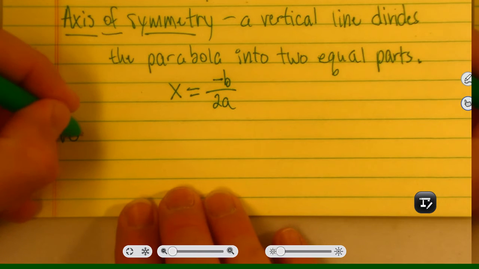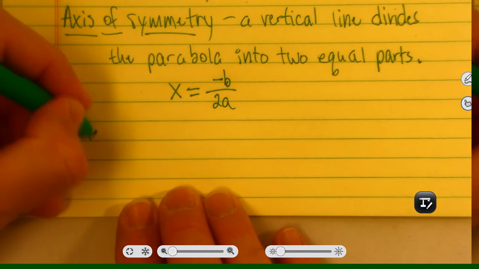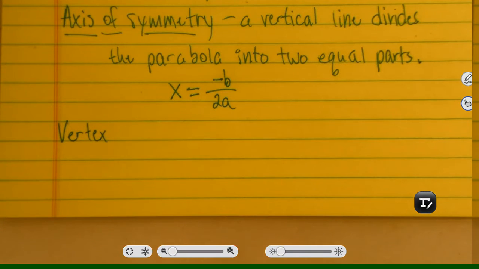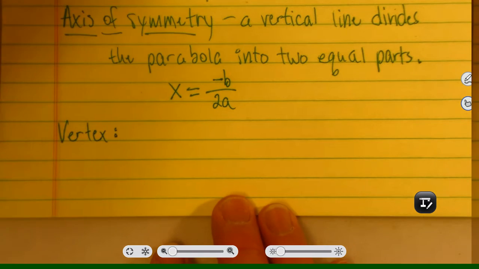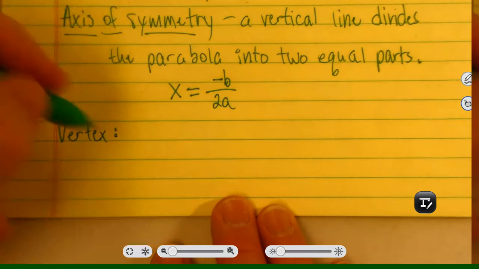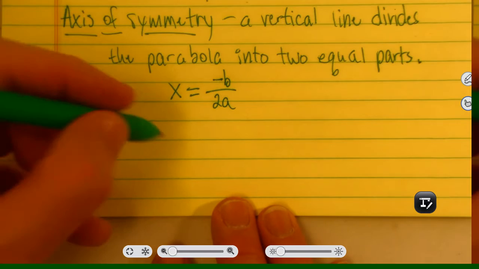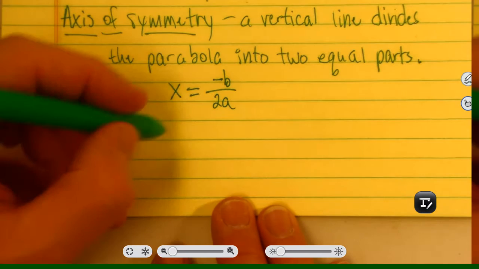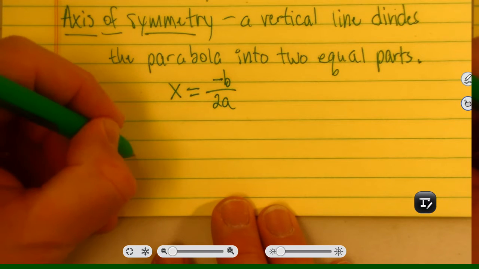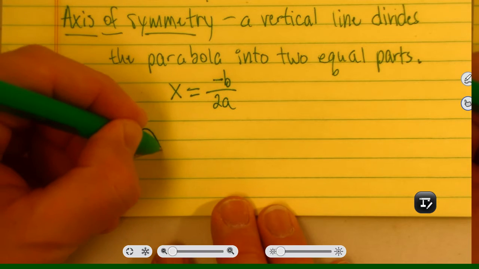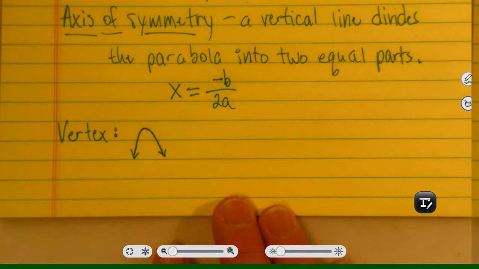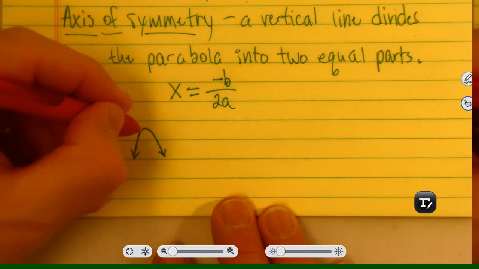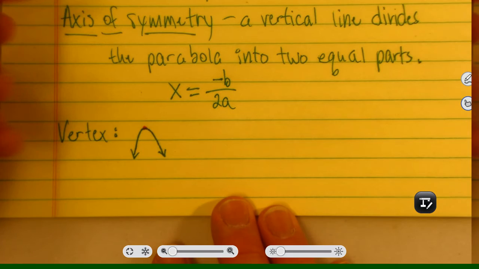Finally, the vertex, that's the turning point of the parabola. For example, if the parabola looks like this, the turning point is right there.